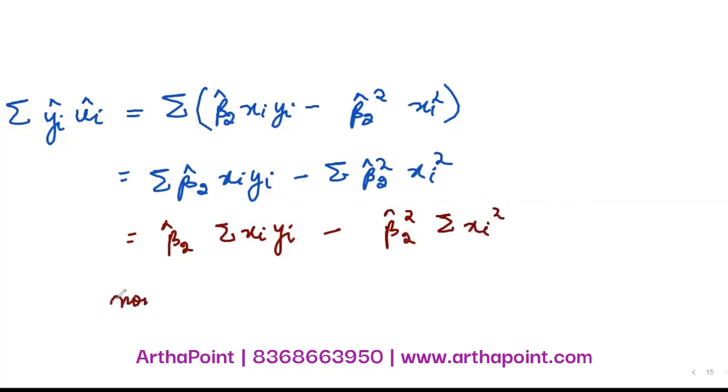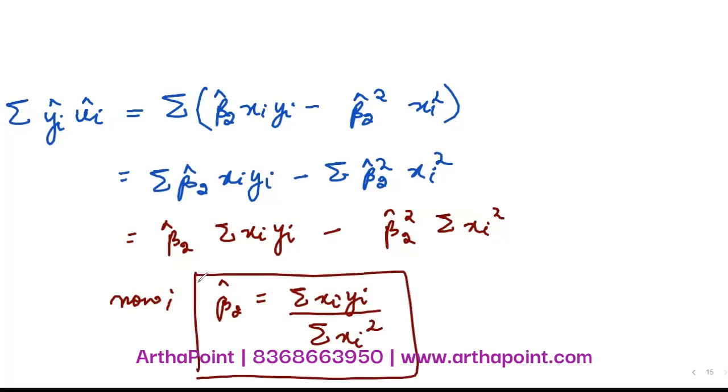Now, I know that beta 2 hat is summation xi yi upon summation xi square. This is from the formula of beta 2 hat. So I'm just going to replace this in here. Instead of beta 2 hat, if I write this, what will I get?